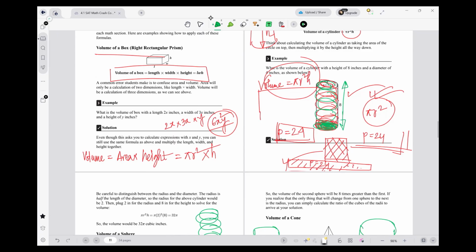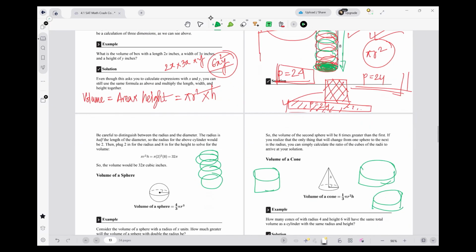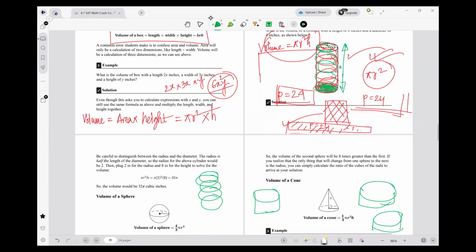You don't need to understand this theory, but you can do the mathematics problems. I'm just talking about the imagination, because if you understand how this is happening, it will be more comfortable for you, because the product of area and height is the volume for a given cylinder.